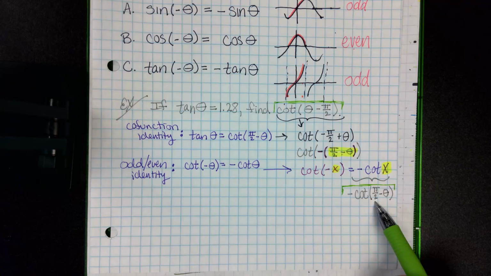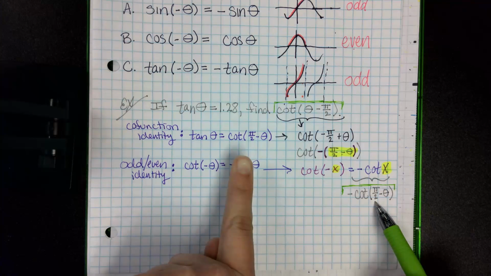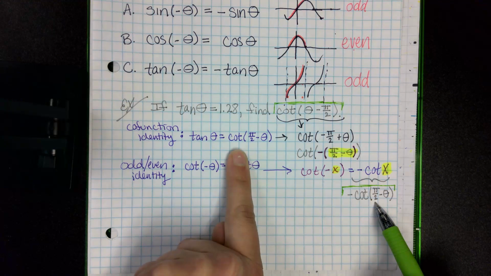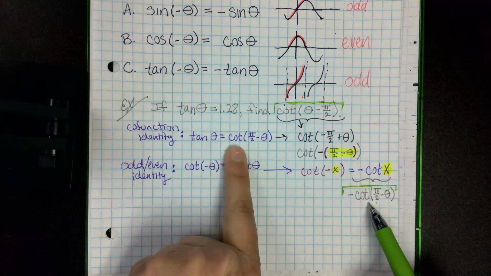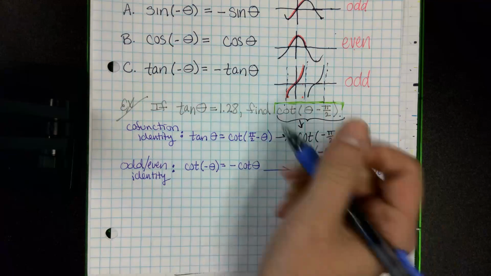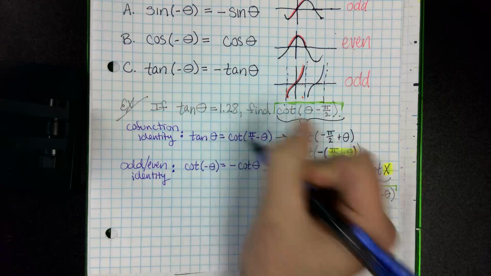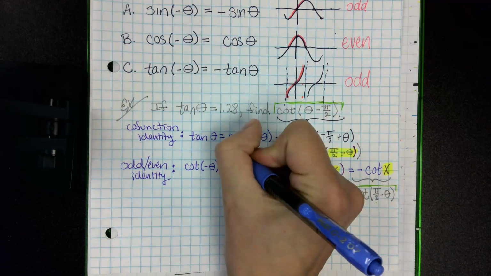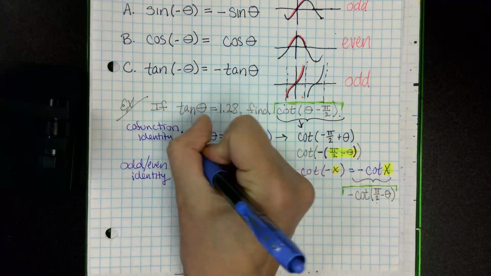And this looks an awful lot like this one. Don't we agree? But this one's negative and this one's positive. On an equation, am I allowed to turn something from positive to negative if I want to? Yeah, as long as I do both sides, right? So let's take this cofunction identity and multiply both sides by -1.